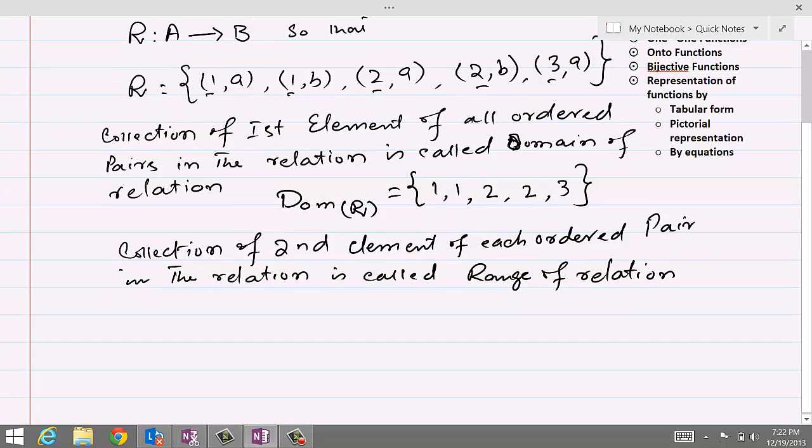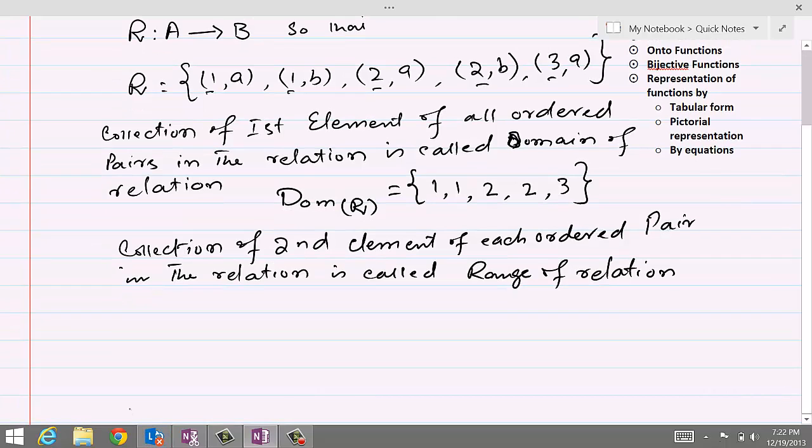So obviously in this case, the range of R is going to be a, then b, then a, then b again, and then a. So this is the range of the relation.